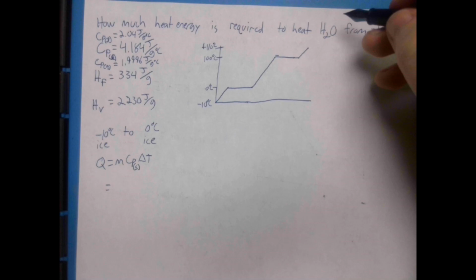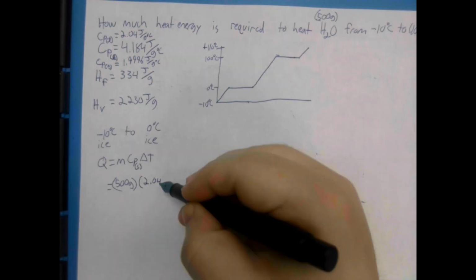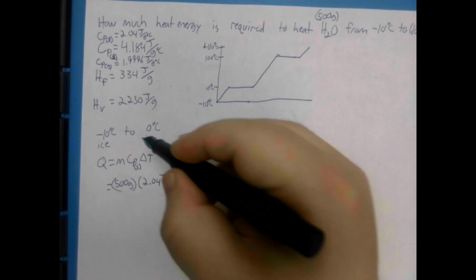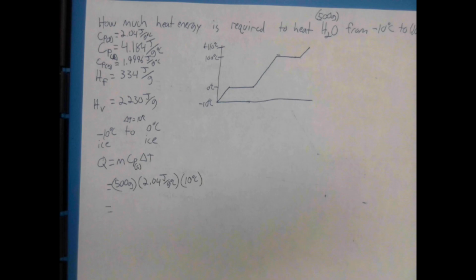Since it's a solid, we'd use 2.04 joules per gram degree Celsius. And the change in temperature, we're increasing, so delta T is going to be a positive 10 degrees Celsius. We're going from negative 10 to 0. And so we get 10,200 joules.